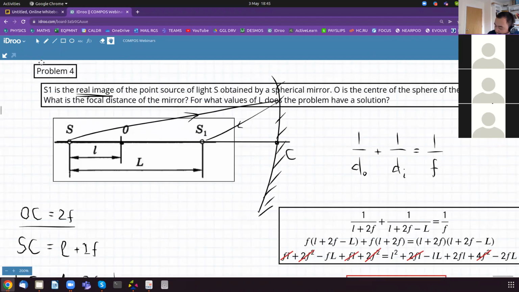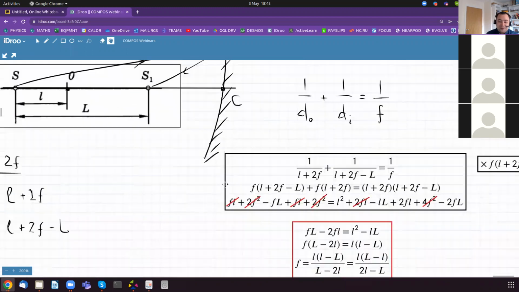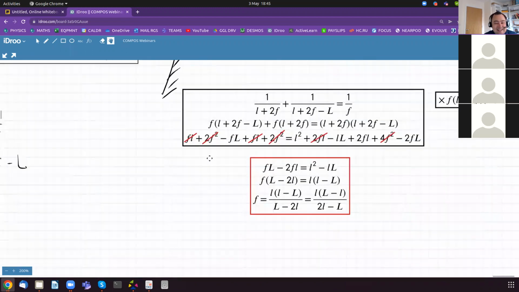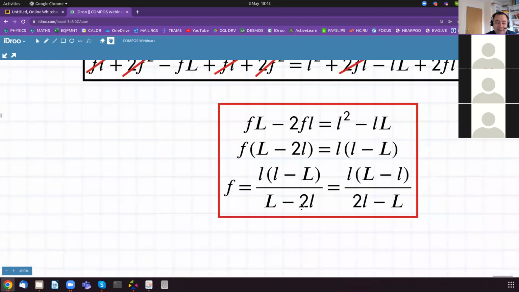Because if it would be a convex mirror, it would be like this, and this ray of light would be reflected this way. So there's no way you can have an image in this position if it's a convex mirror. I always confuse convex and concave. That's why I'm always pausing before saying that word.